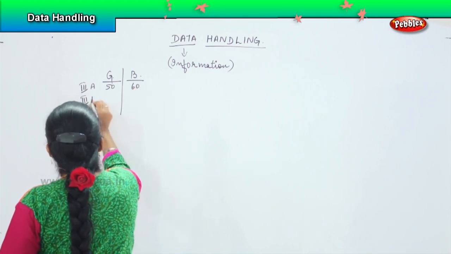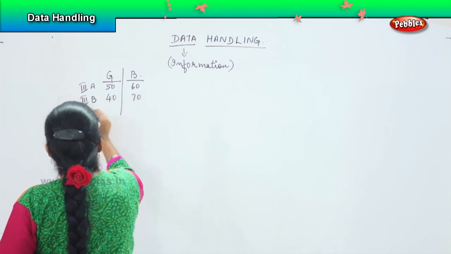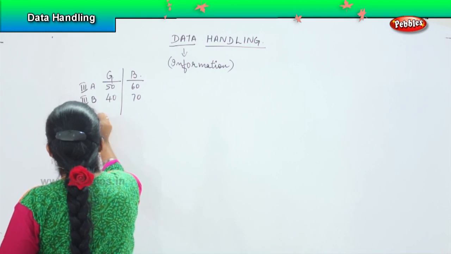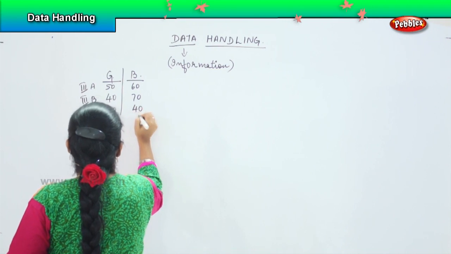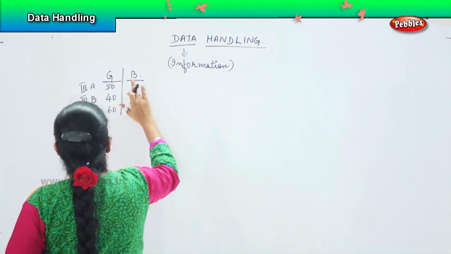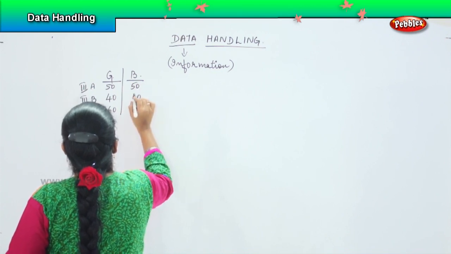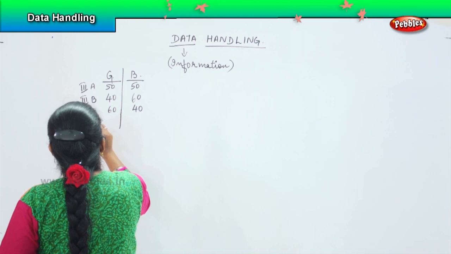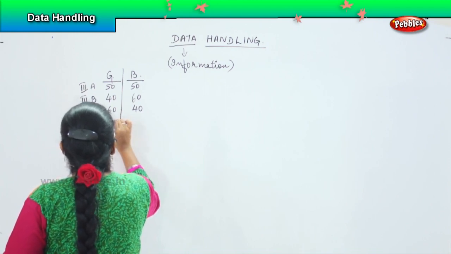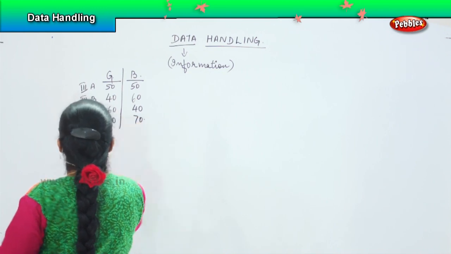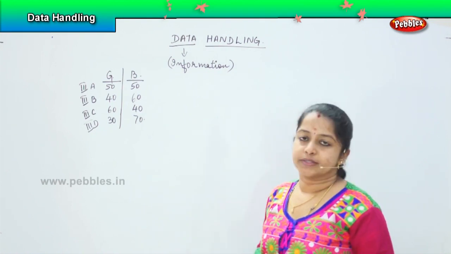Then in 3B, say it is 40, 70. Say for 3C, it is 60, 40. In 3D, it is 30, 70. Okay? So now, how did I come to this data, children?